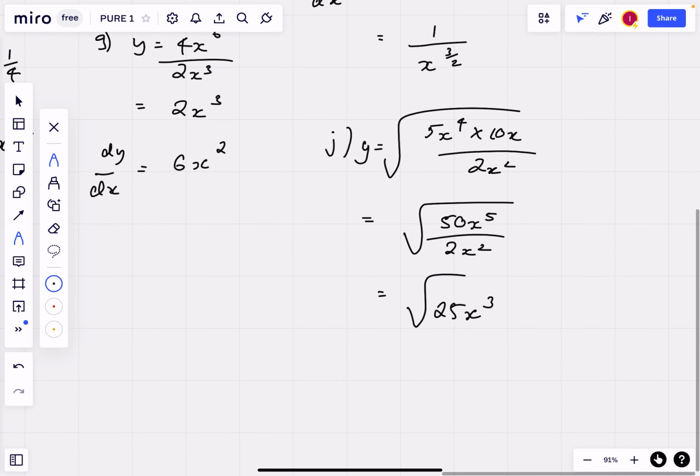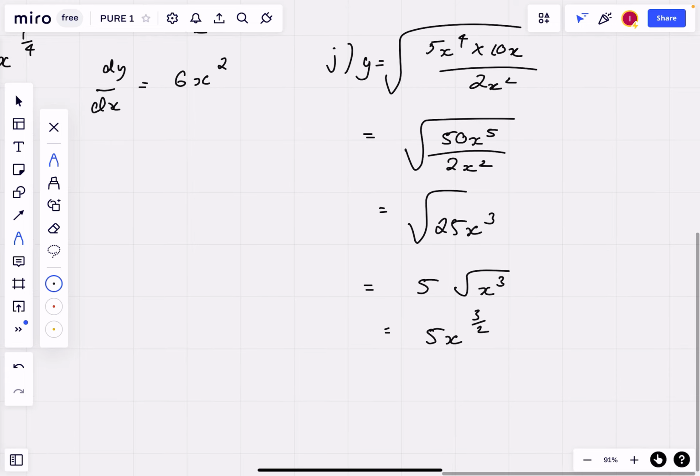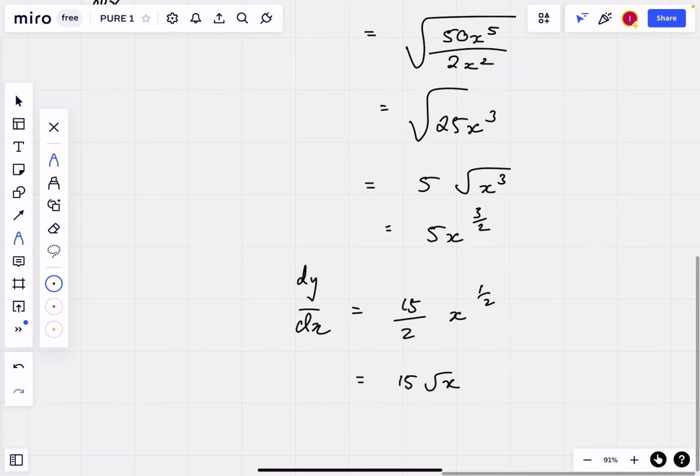Okay, this can simplify to 5 root x cubed, and that simplifies to 5x to the power of 3 over 2. Now you're ready to differentiate. 15 over 2 x to the power of a half, which is the same as 15 root x over 2.